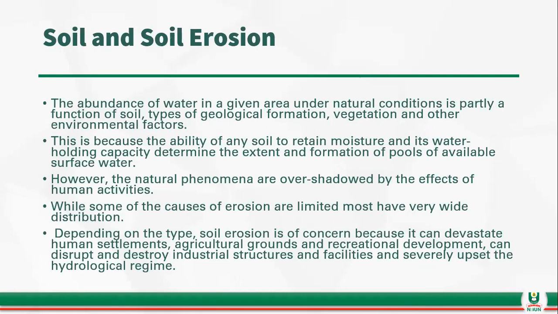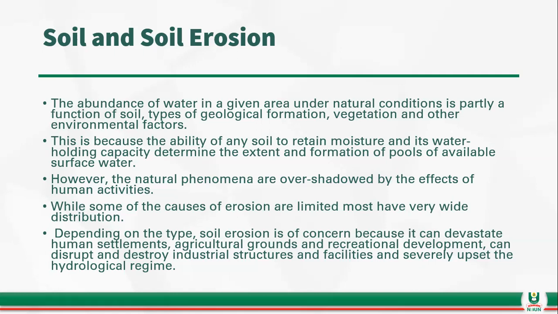Now, soil and soil erosion. The abundance of water in a given area under natural condition is partly a function of soil and types of geological formation, vegetation as well as other environmental factors. This is because of the ability of any soil to retain moisture and its water holding capacity, that means the extent and formation of pools of available surface water.